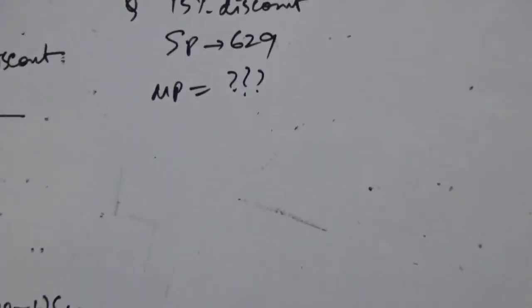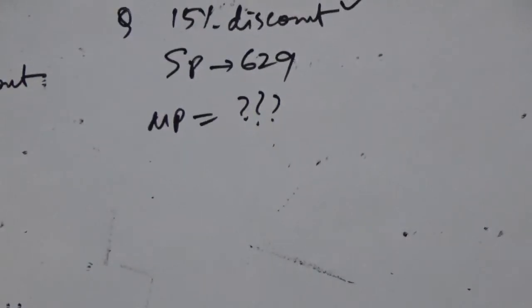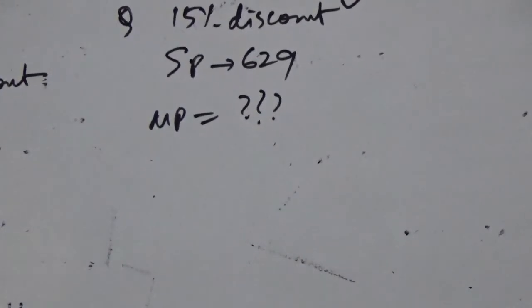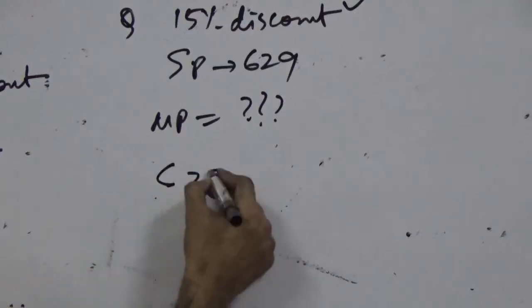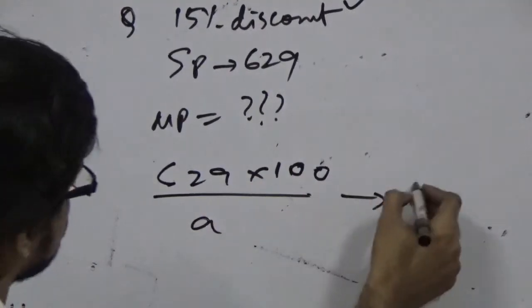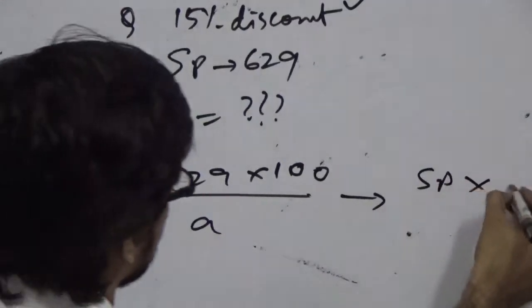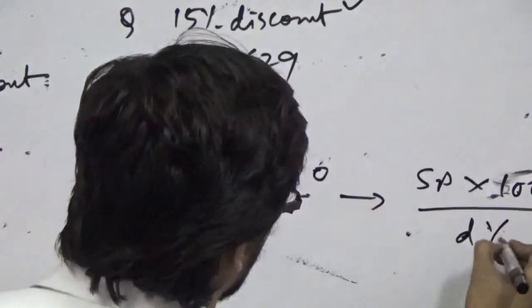Because discount is always given on the mark price, as we know. As discount is given on mark price, in this case we can directly do that: let the mark price be X, or directly use the formula. Our formula was SP into 100 by the discount rate.